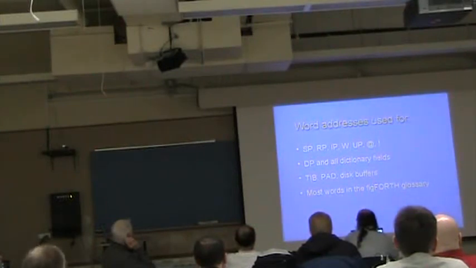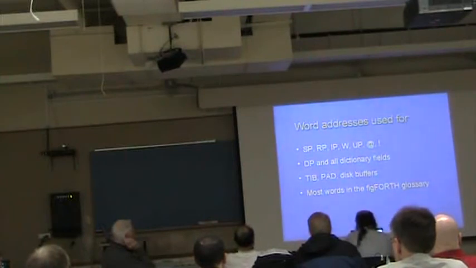Also, the areas in memory, the buffers that we use, TIB is an input buffer, PAD is an output buffer, and the disk buffers, can use word addresses for those. And in fact, most words in the glossary, all but the 14 that I showed, just can be reinterpreted to use the native word addresses.